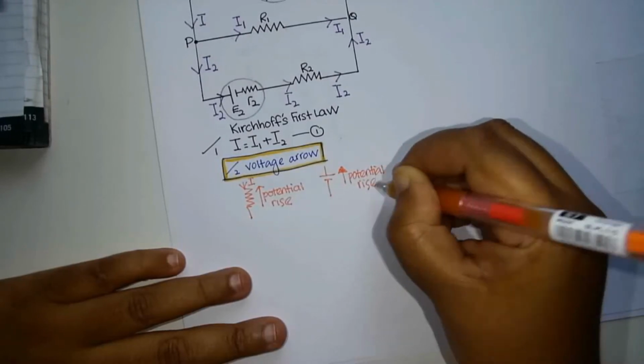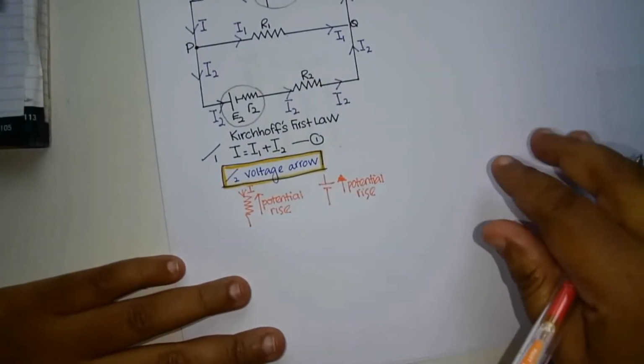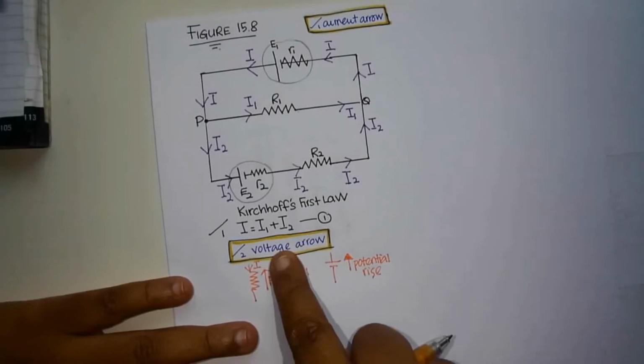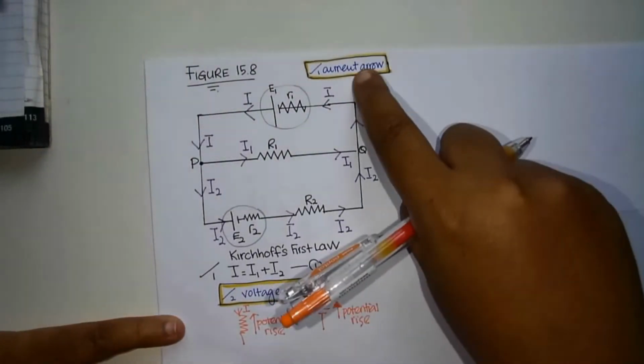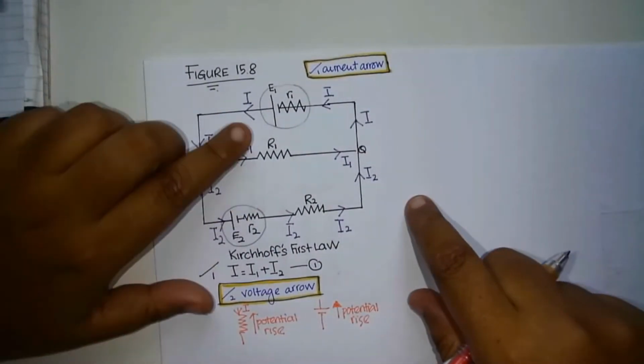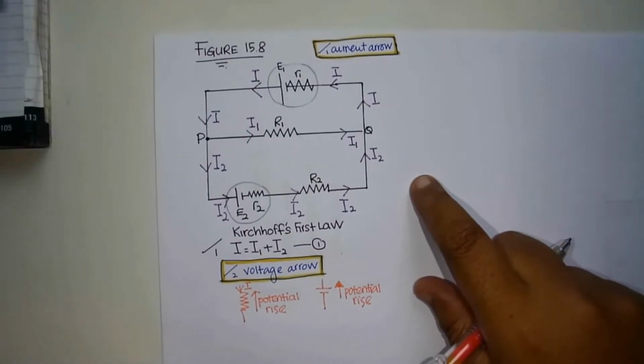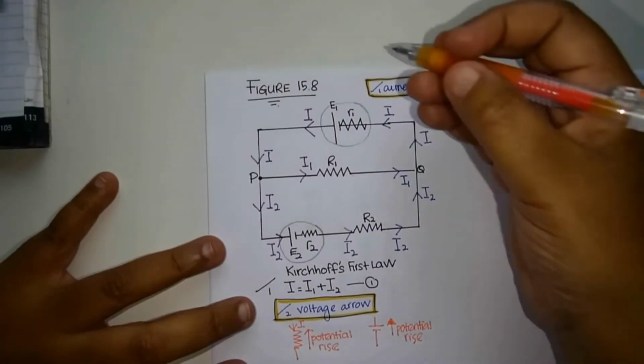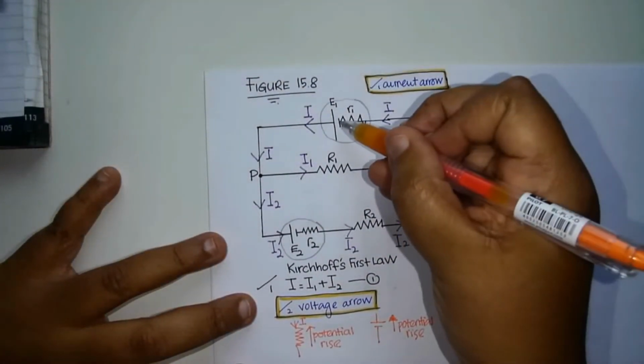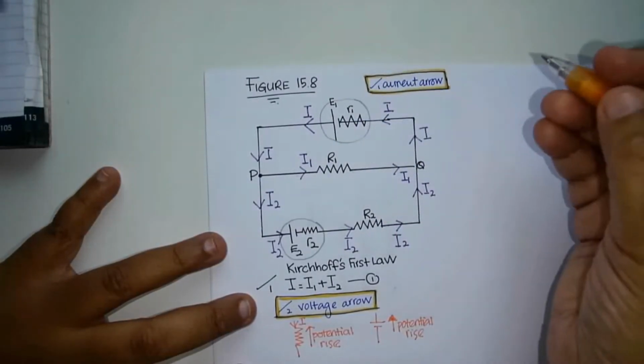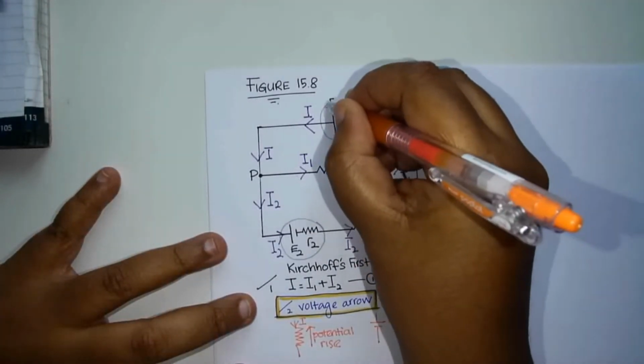Okay, when I draw the voltage arrow, who do I have to refer to? I have to refer the voltage arrow to the current arrow. I must look at the current. So now I draw. First thing, this one and this one, the potential rise will be in this direction.